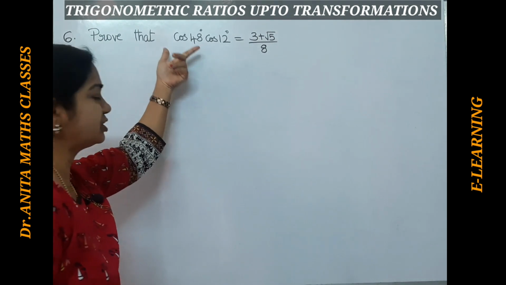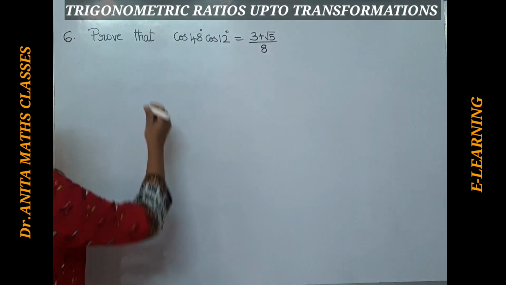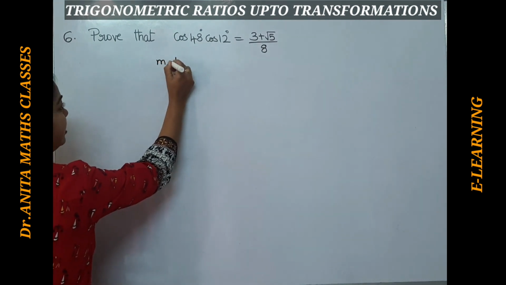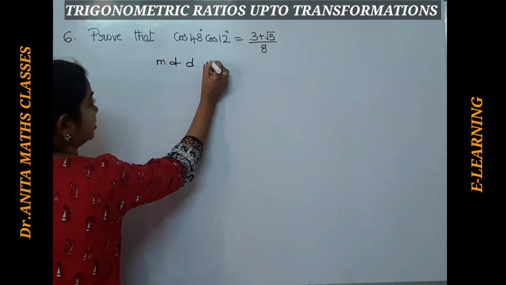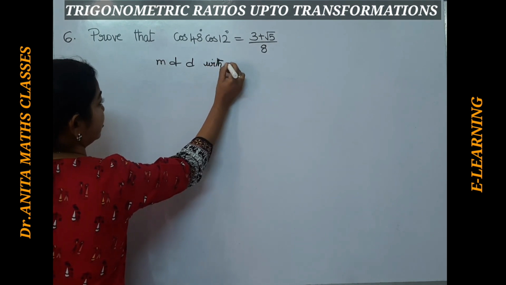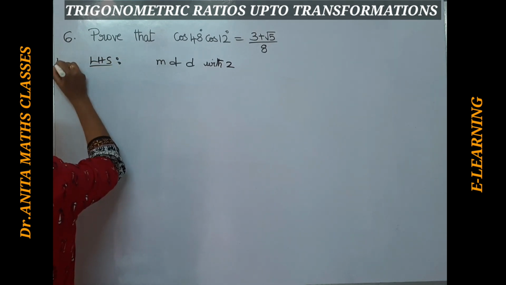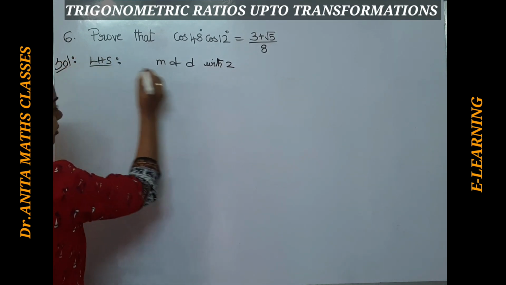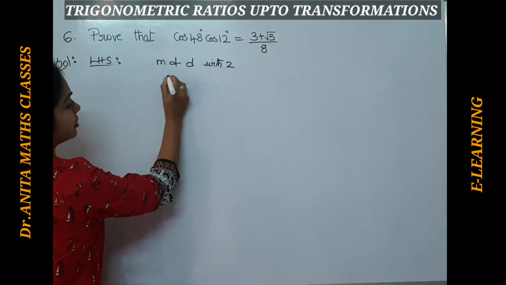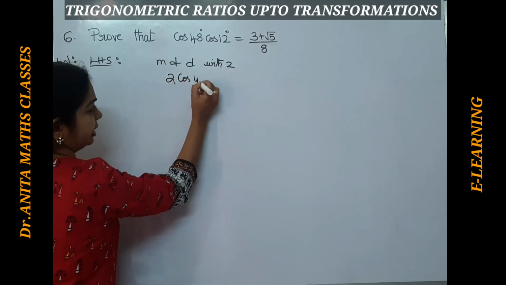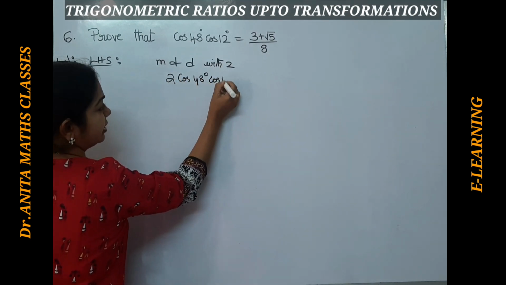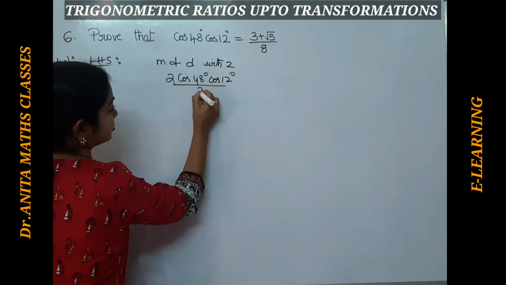The product transformation we will make into sum. So multiply and divide by 2 the LHS part. Here 2 cos 48 cos 12 degrees by 2.